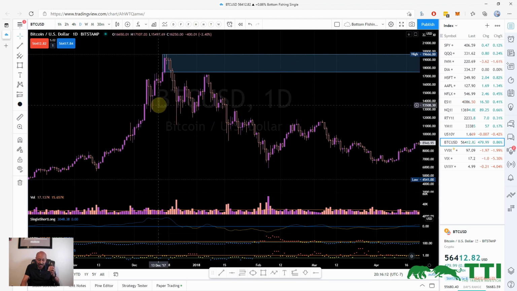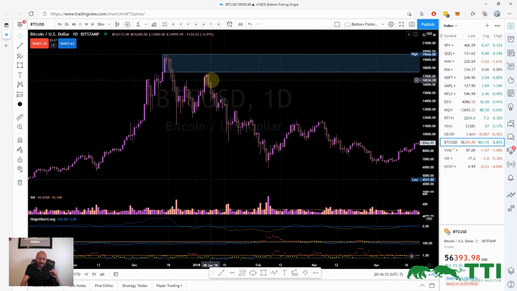In this instance, December 17, 2017, price created this order block, and then in January, price almost came to test this order block and to mitigate, but I don't see any mitigation.